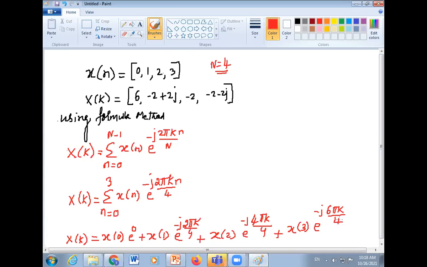Have you understood this? Any difficulty in this part? No, sir.